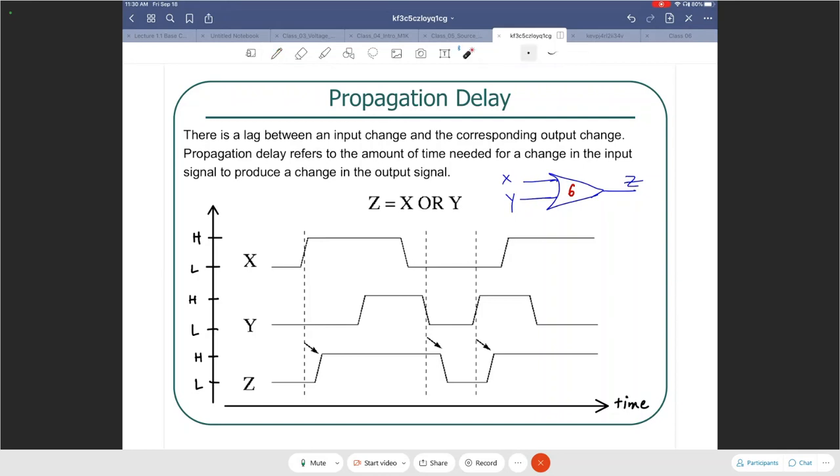So as we can see here, we are just trying to exaggerate that difference in time to look at propagation delay. When X changes, Z doesn't change instantly. Z changed after the propagation delay of the OR gate. When Y changed, Z changed after some propagation delay, right? That's propagation delay due to the OR gate.